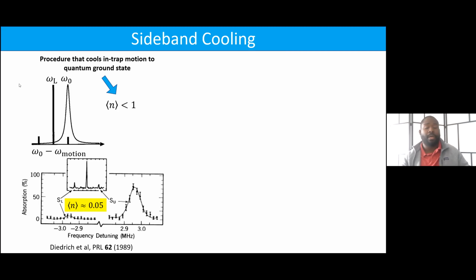You can do this similarly to how I just described, where you have some electronic transition you want to address. You have your laser be slightly detuned to lower frequency. And that gap between your laser frequency and the transition you want to excite should be the frequency of the motion of your ion in the trap, right?